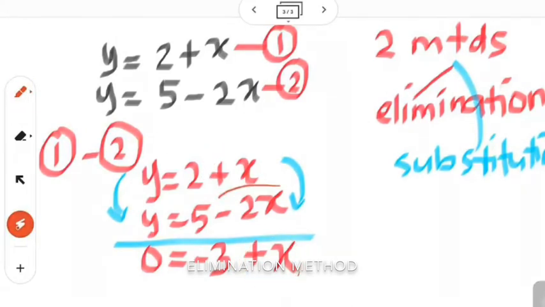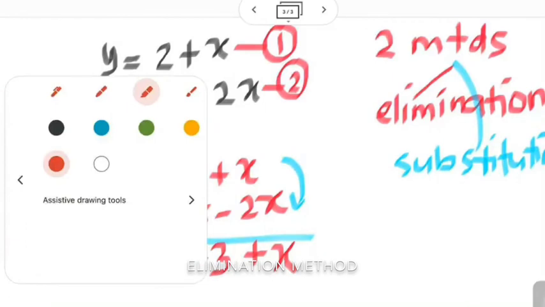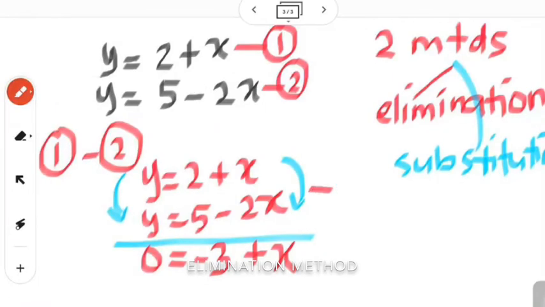Kemudian minus. Careful, be careful here. You ada minus. Ya, minus. So minus negative 2x. Okay, please be careful bila operasi dia minus. Okay? Understand?